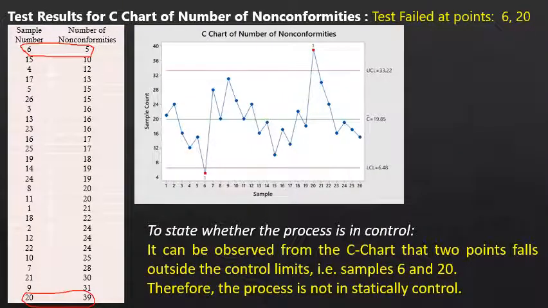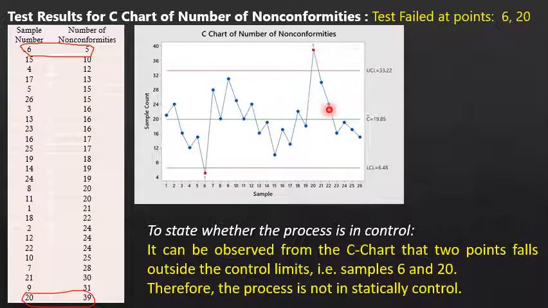So this is the C chart we drew with the help of a total of 26 samples, and now it is asked in the question to check whether the process is in control or not. It can be observed from the C chart that 2 points fall outside the control limits, that is point number 6 and point number 20, or sample number 6 and sample number 20.